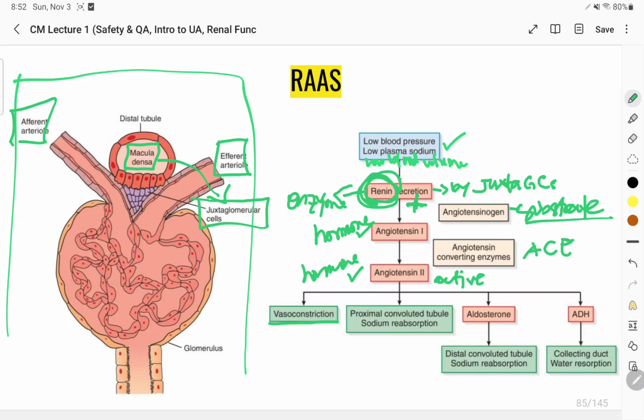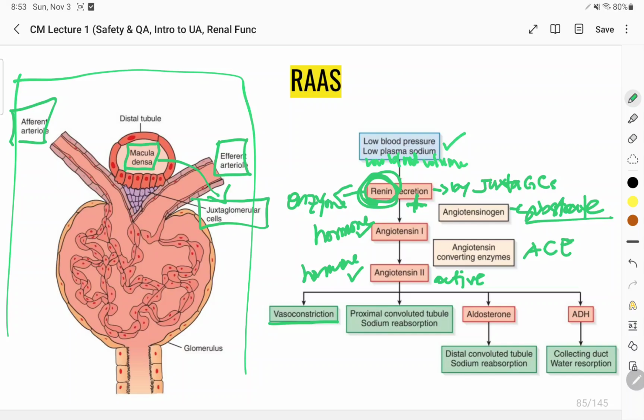Okay, so next, your angiotensin 2 will stimulate your proximal convoluted tubule for sodium reabsorption. Okay, so ma-filter man ang sodium sa imong glomerulus. But then your angiotensin 2 will tell your PCT nga i-reabsorb ang sodium, kay dili pwede mapagawas, kanang balik.